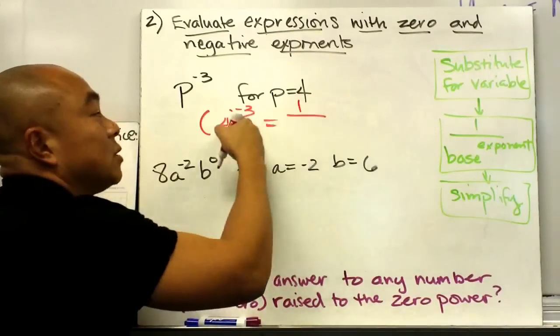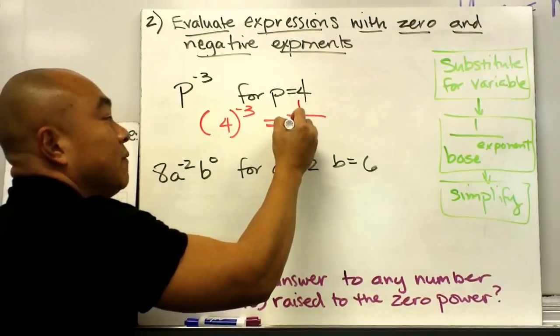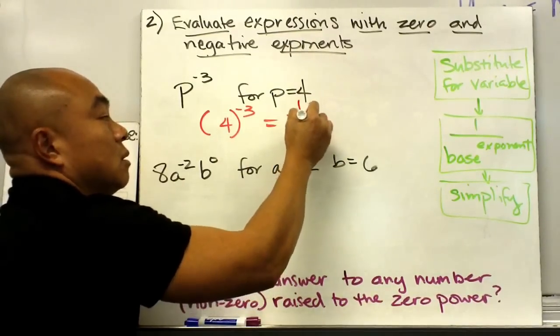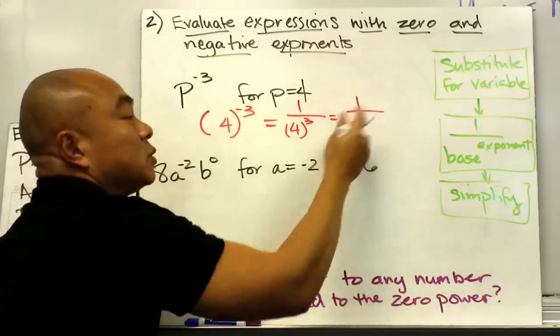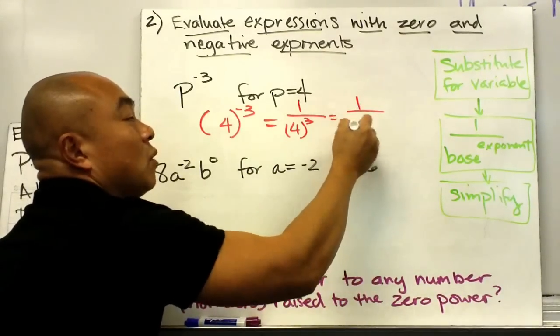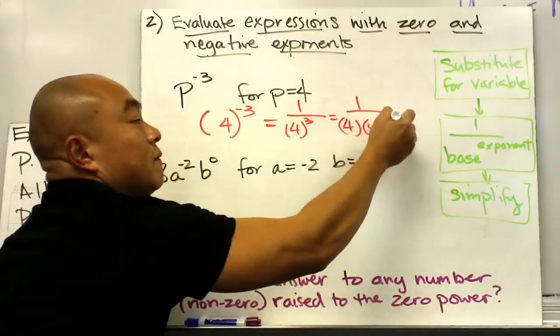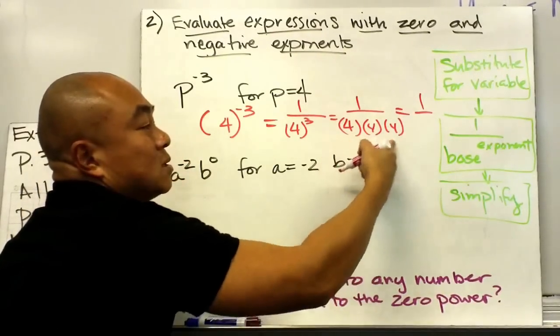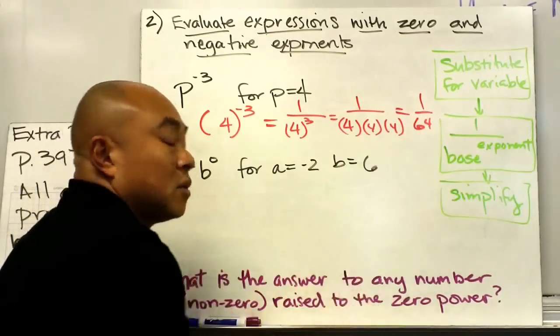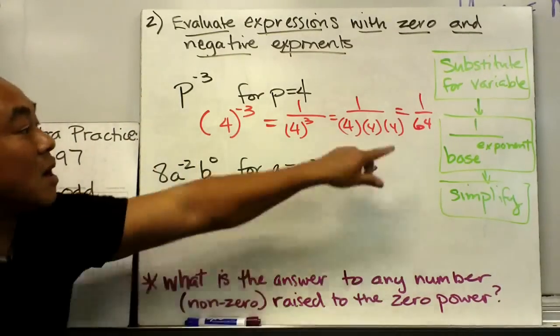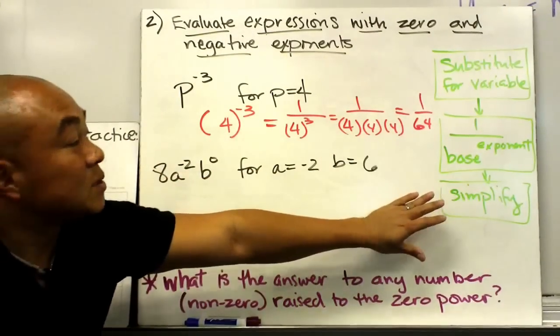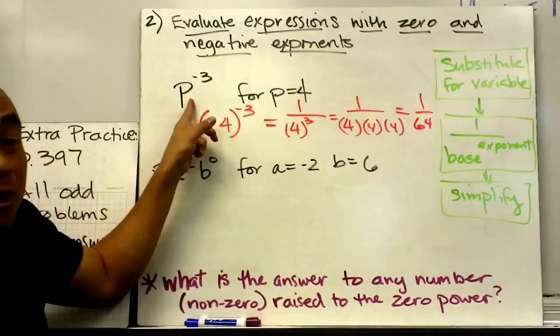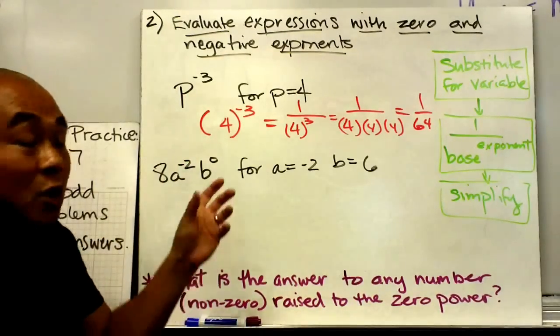So that's 1, that's our negative right here, and then it's 4 to the 3rd power. If I expand that out, we have 4, 4, 4, and that gives us 1 over, I think 16 times 4 is 64. Okay? So those are our basic steps on how to solve this particular question with the unknown variable.